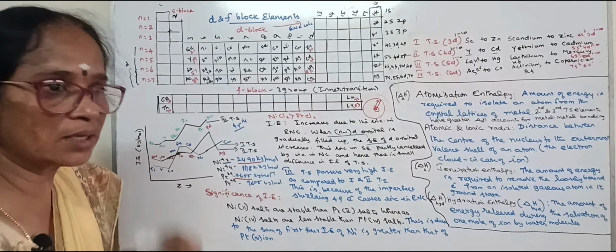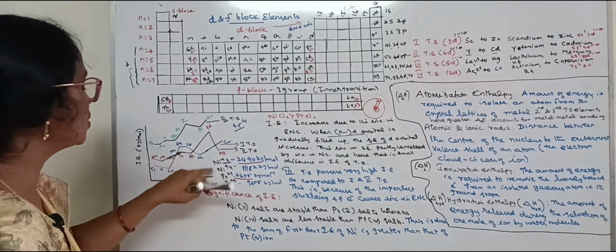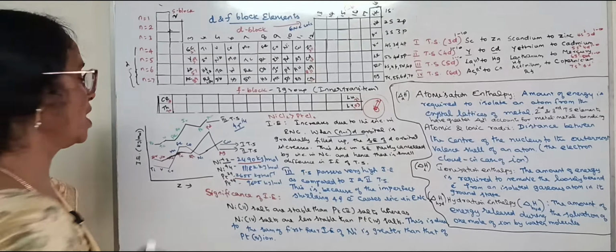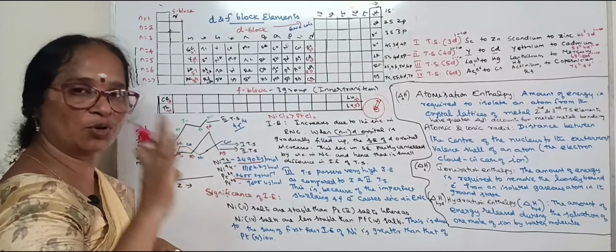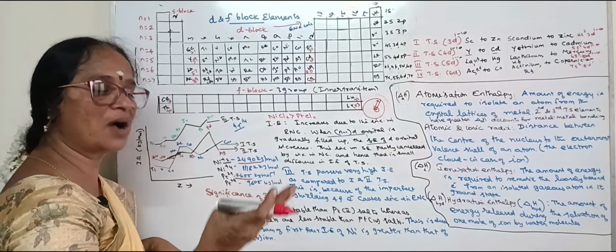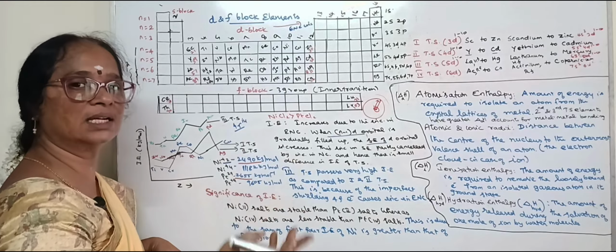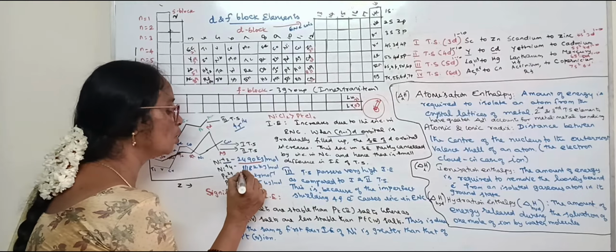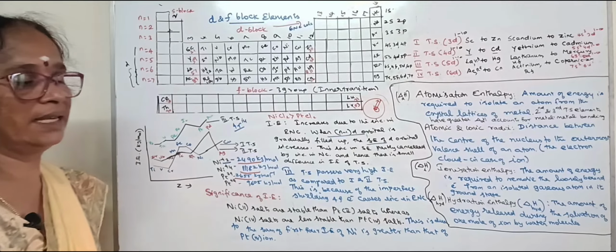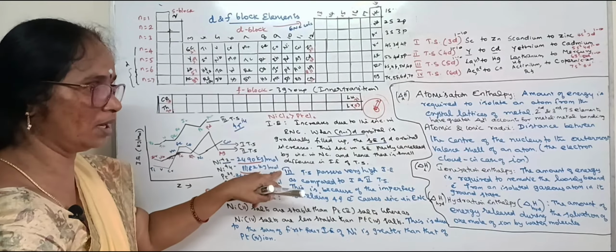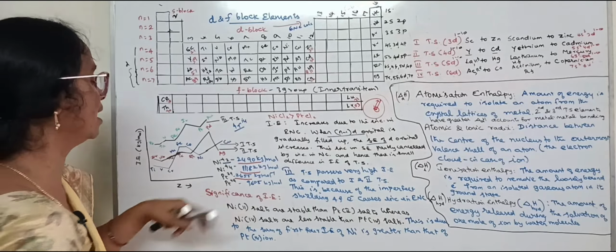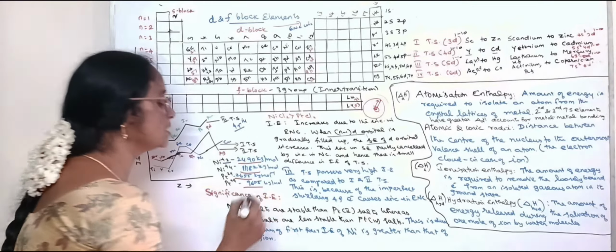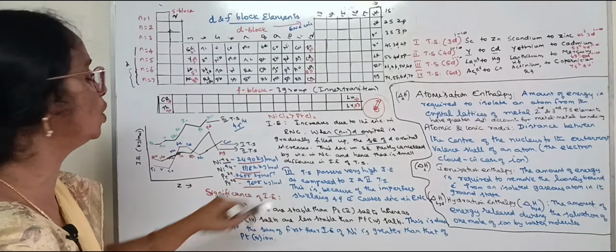Now we are going to compare the +4 state of nickel and platinum. For +4, we have to remove 4 electrons. So, the sum of the first, second, third and fourth ionization enthalpy equals 11,182 kilojoule per mole. But that of platinum is simply 9605 kilojoule per mole.